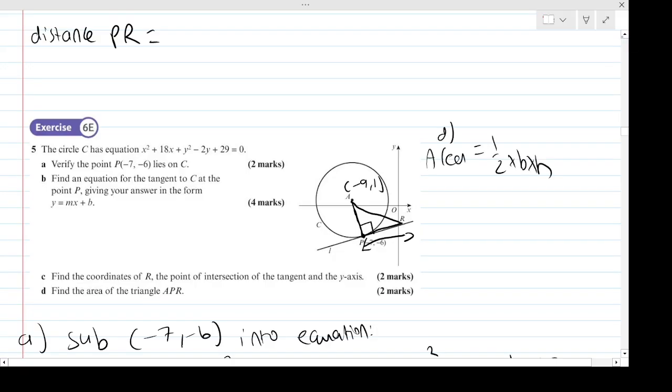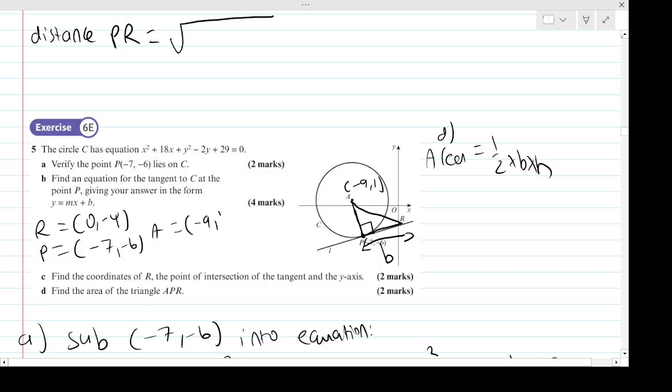The distance from P to R, which is the base b. Well, R has coordinates 0, minus 4. I should probably make a note of this. R is 0, minus 4, that worked out. P is given to be minus 7, minus 6, and A is minus 9, 1.